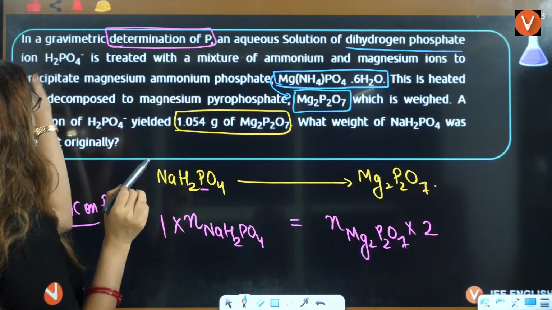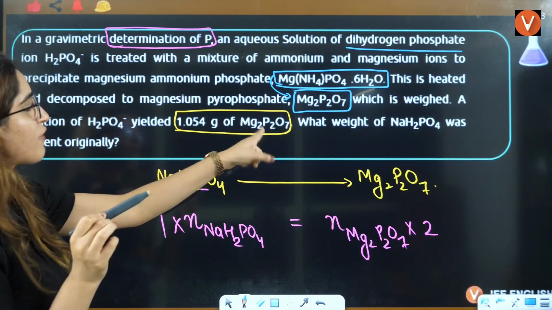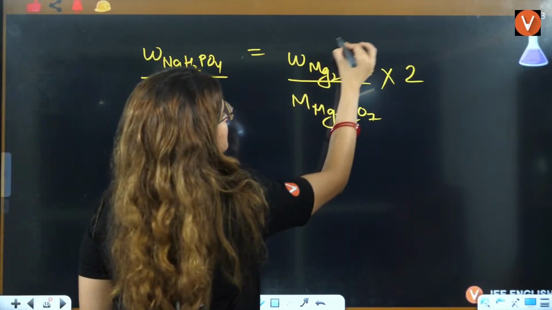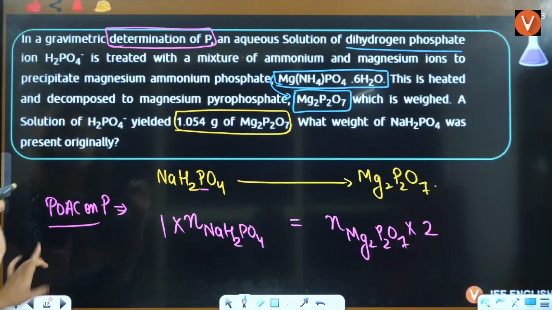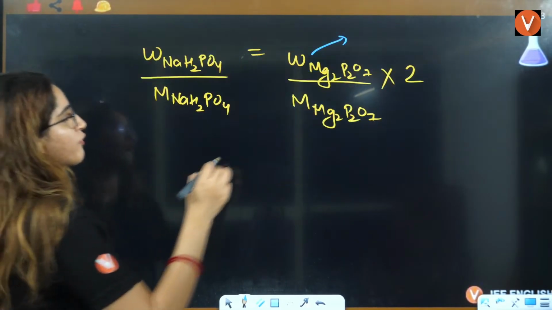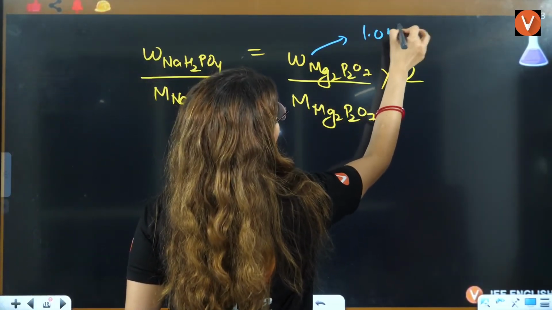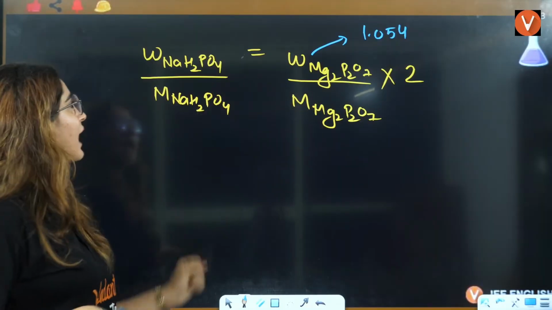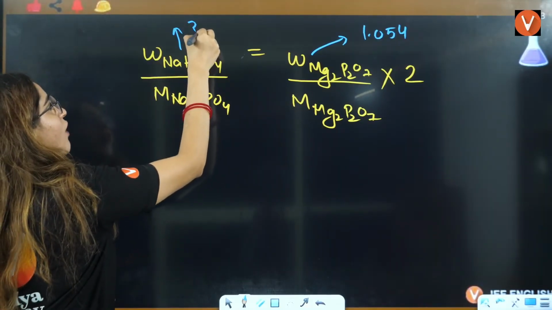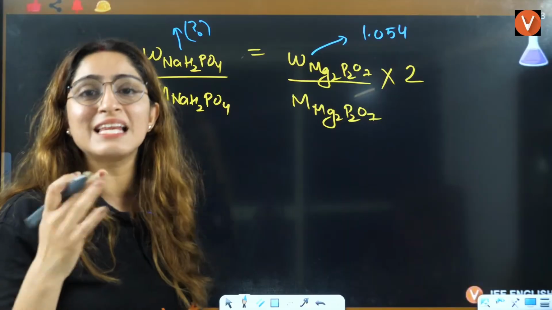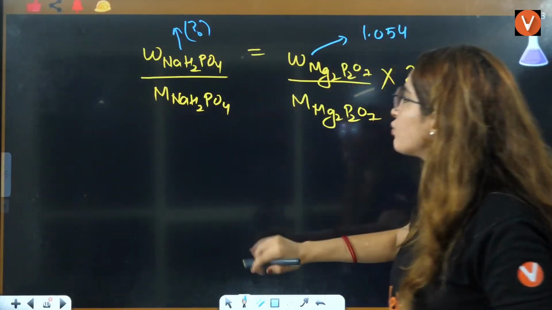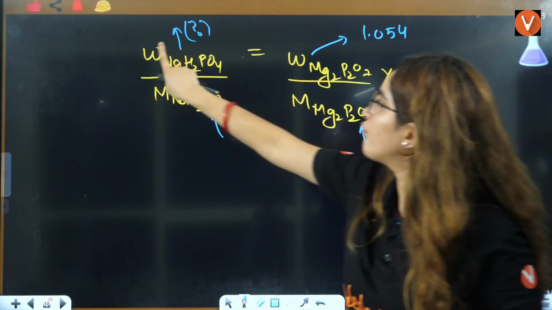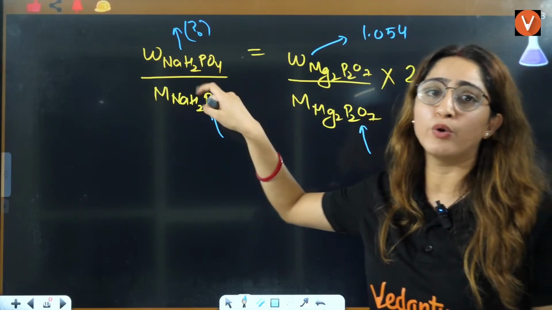They have given you that this much of Mg2P2O7 is formed, which is 1.054. This you can calculate, this is what they have asked you. So easily by putting all the values of molar mass here, you can solve for the weight of NaH2PO4.